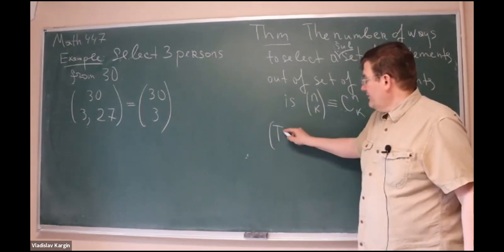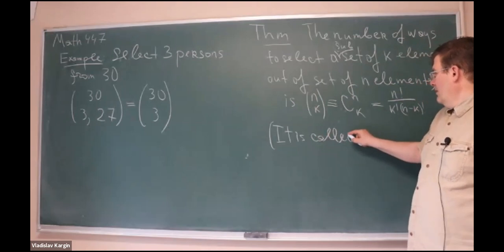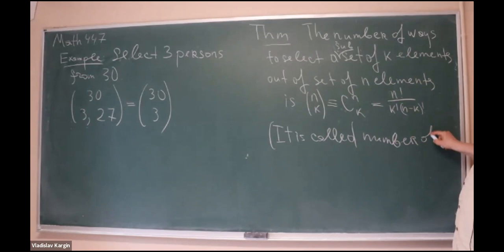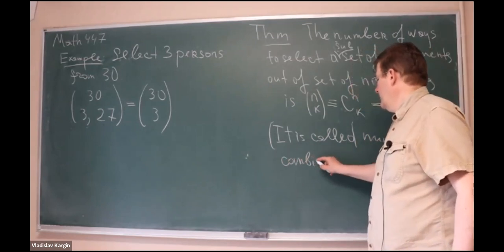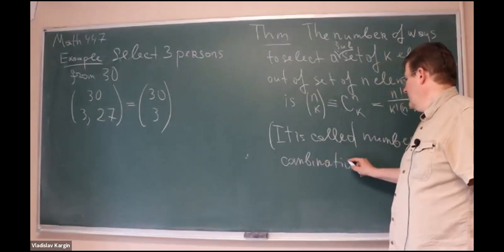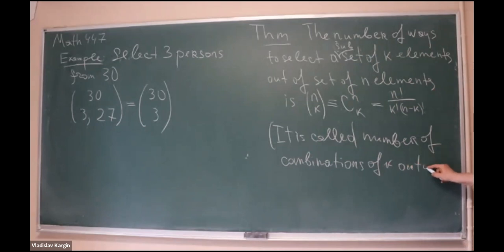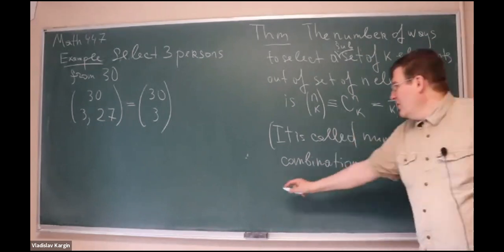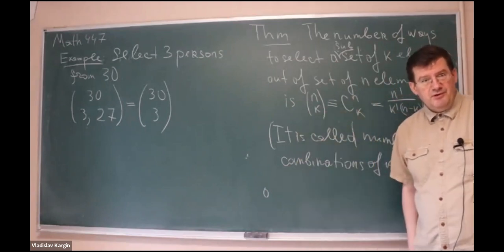So this coefficient is called the number of combinations of k out of n. And this is the most popular coefficient, or, well, you know that it is also called a binomial coefficient.